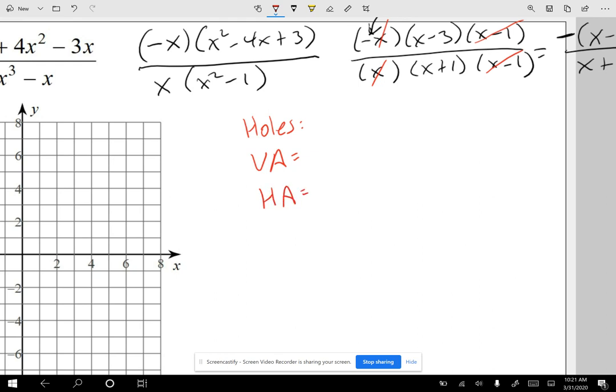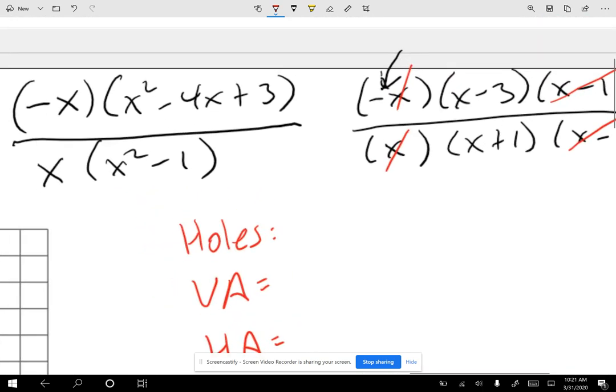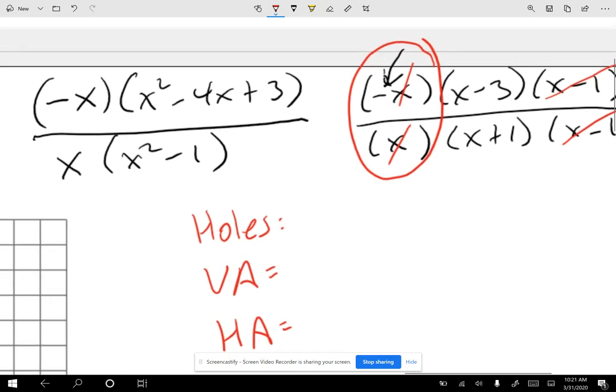All right, now I get a hole if things cancel out, if some factors were able to cancel out. Now when I look at the first one, that factor canceled out, and I ask myself, what value of x will make those parentheses equal to 0? So x equals 0. That is one of my holes.